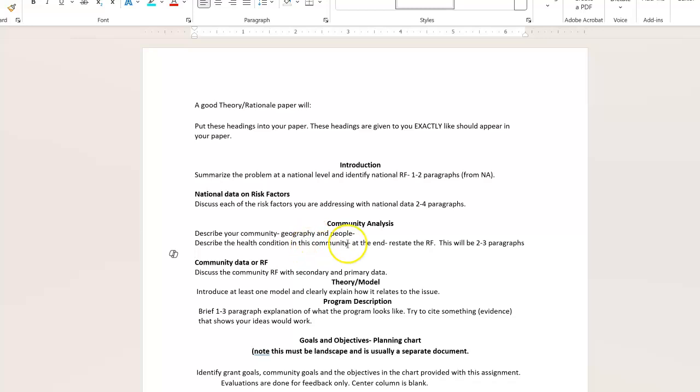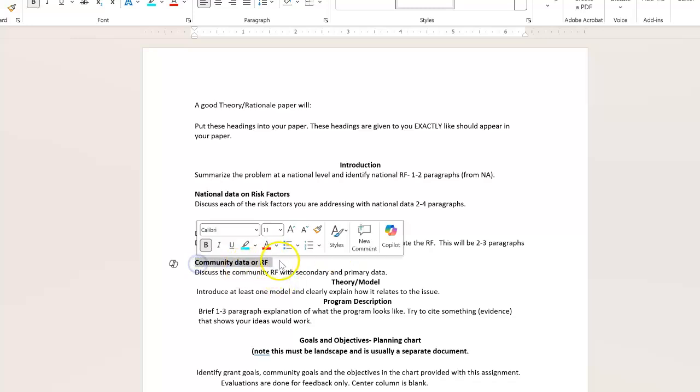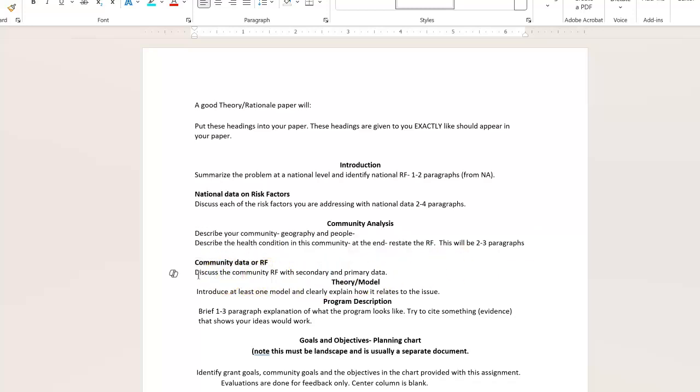After you introduce the community to the reader, you then are going to discuss the risk factors in the exact order you just listed them in the section before. You're going to discuss each risk factor with primary and secondary data.